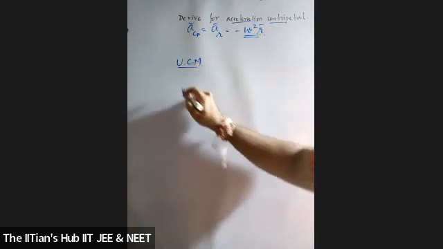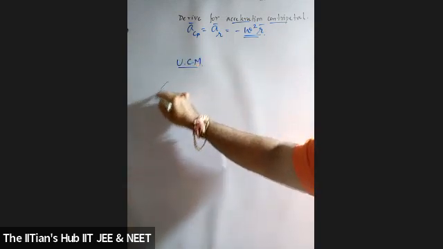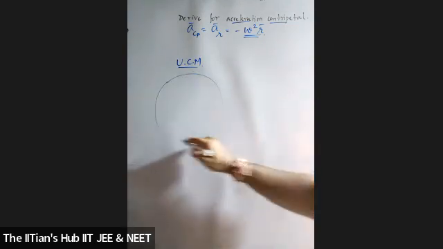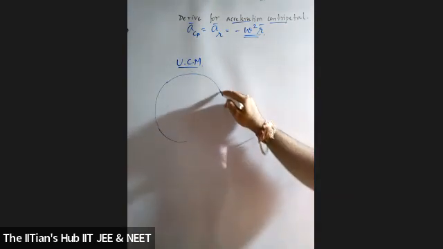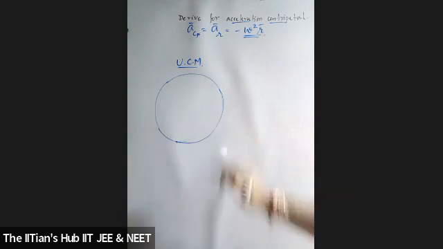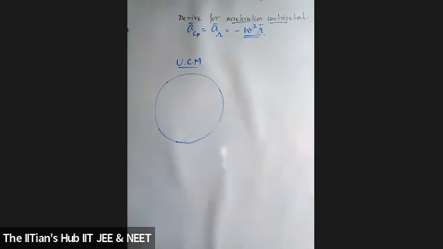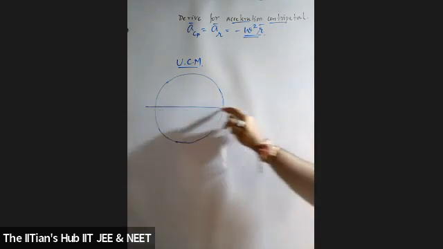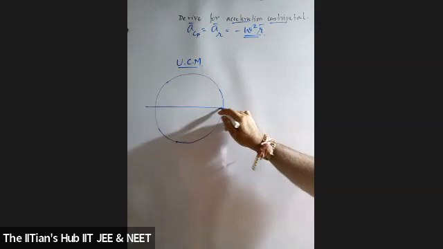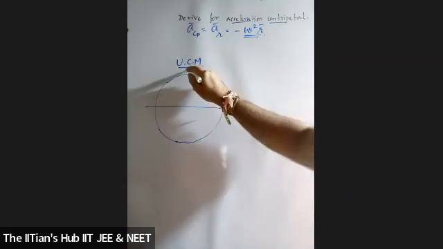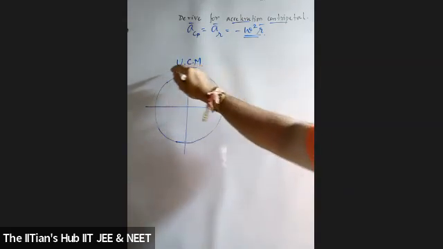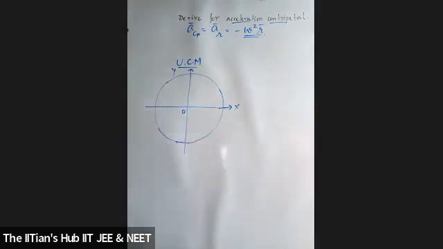A particle is performing uniform circular motion along the circumference of the circle. This is the horizontal x-axis, and this is the vertical y-axis, students. This is the origin.